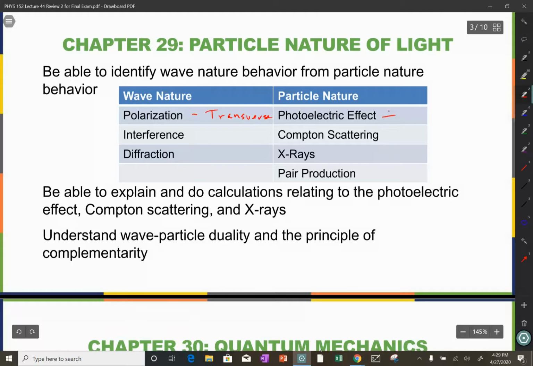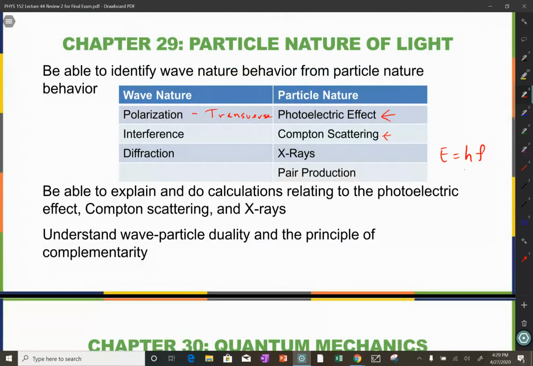So we have Einstein's photoelectric effect. We had the Compton scattering that could only be explained with a particle nature, the X-rays with their characteristic peaks, and pair production. All of these require that light comes in packets of energy that we call the photon, with the energy for a photon equal to hf, where h is Planck's constant.